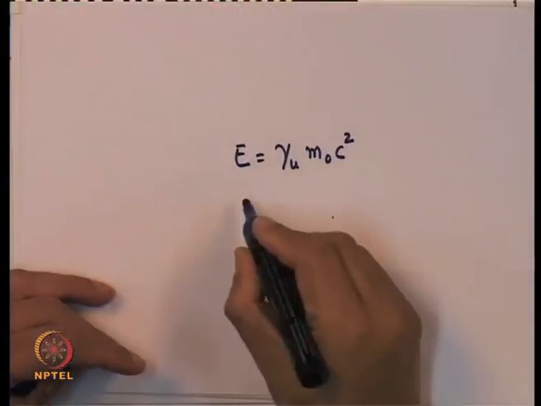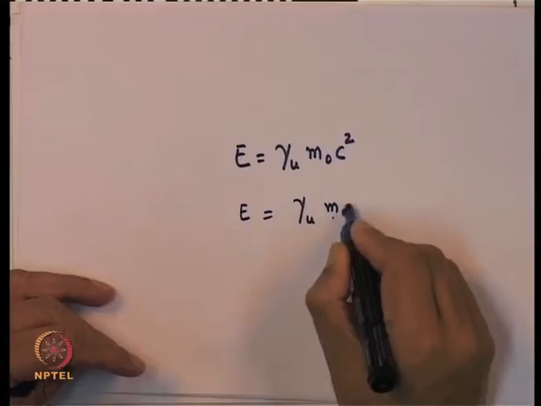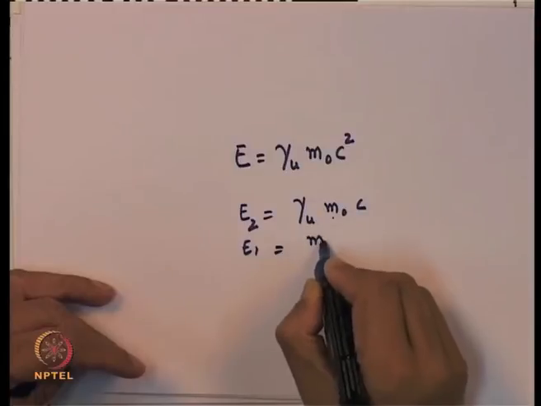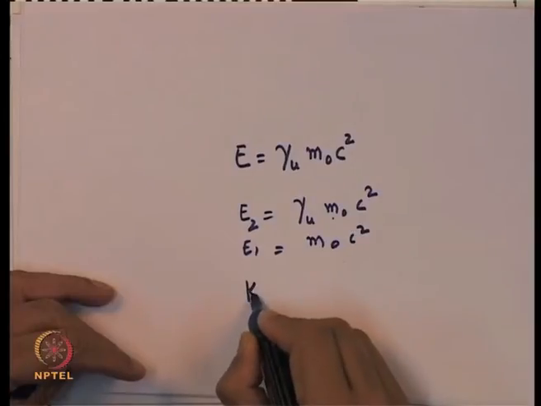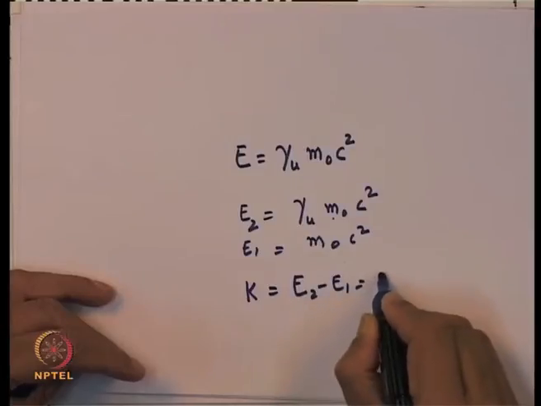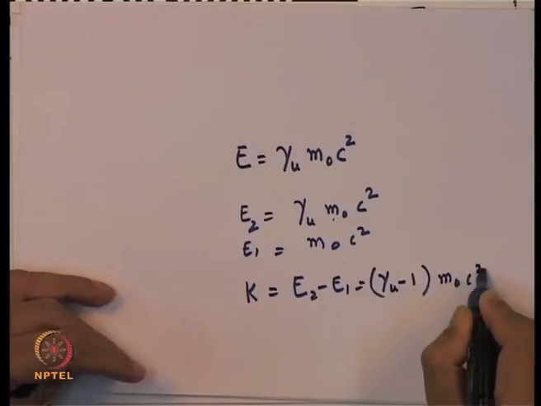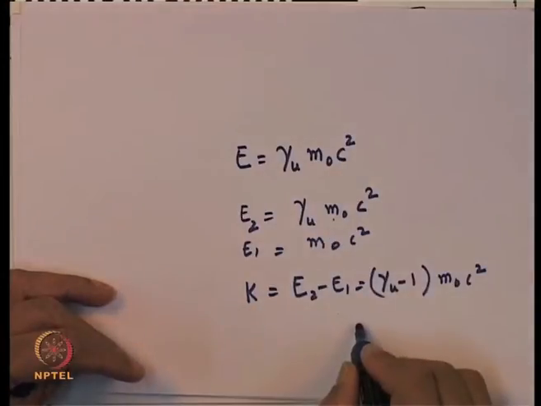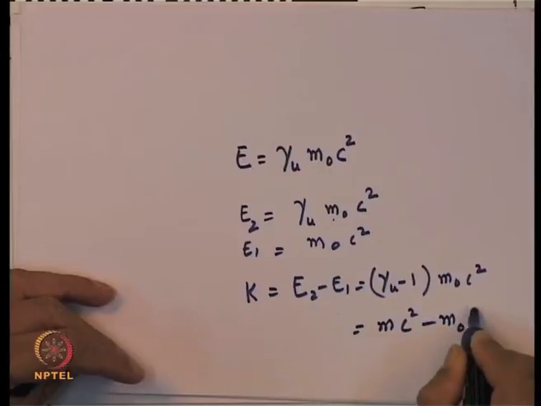Whatever is this increase in the energy E, this was the final energy, this was the initial energy, this is what we will call kinetic energy: E2 minus E1 is equal to gamma u minus 1 times m naught c square. Because this is what we have defined as m, I can also write this as mc square minus m naught c square.